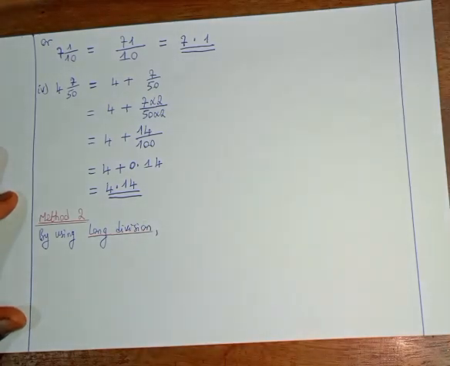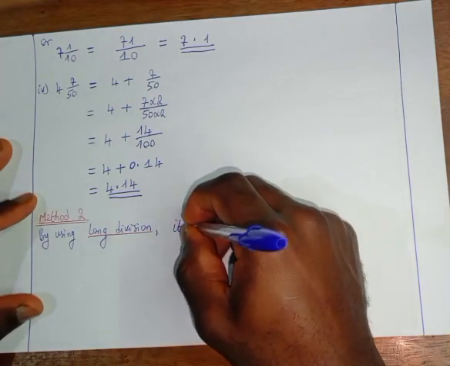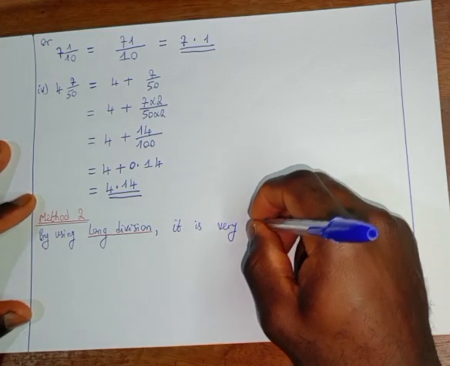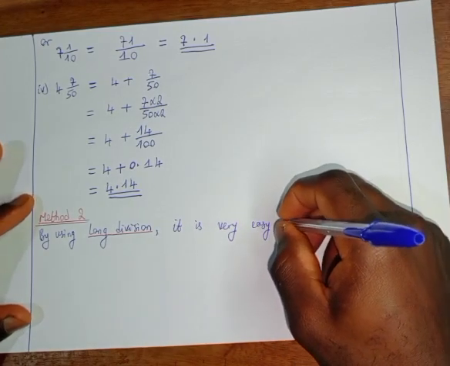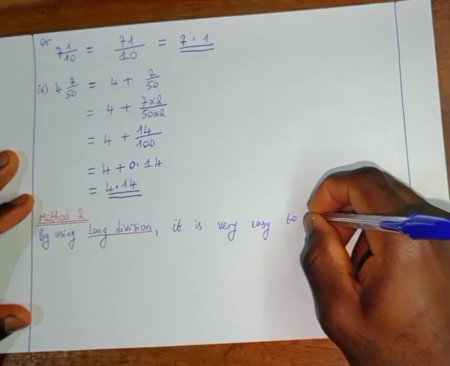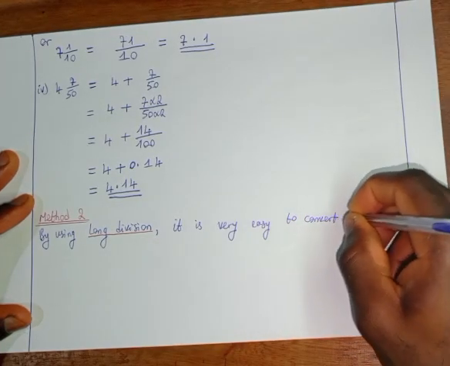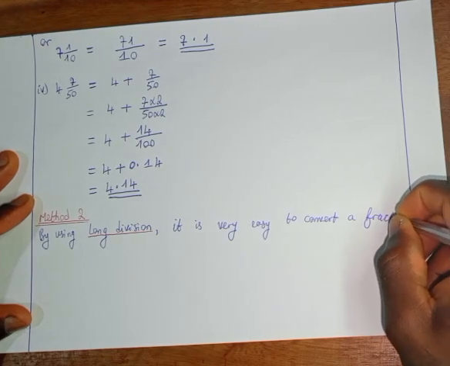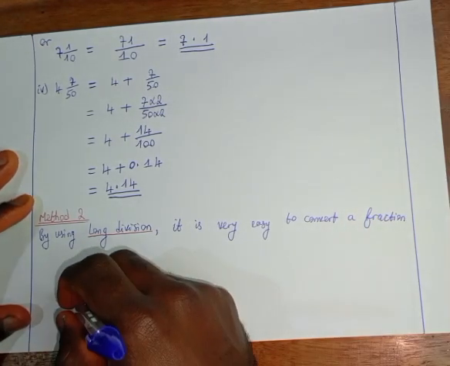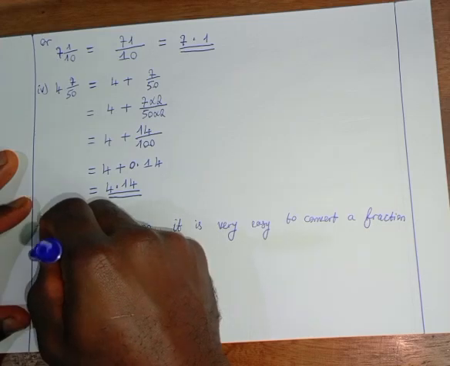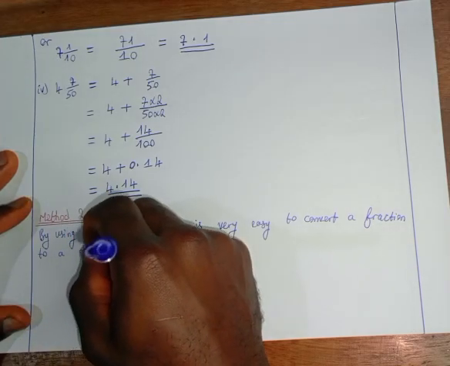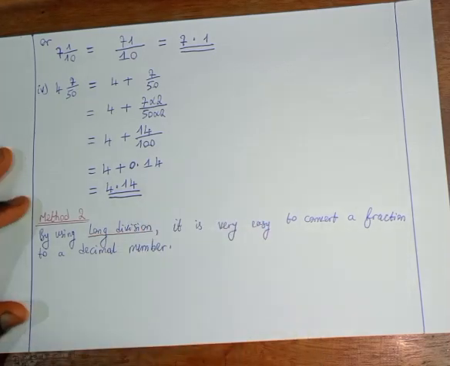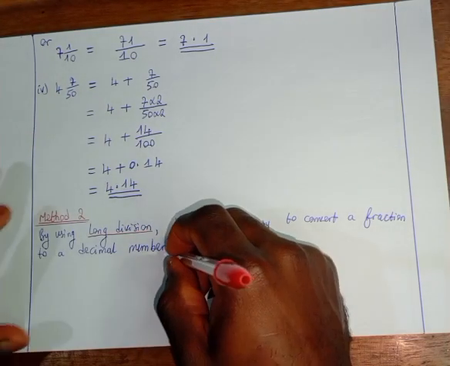So by using long division, it is very easy to convert a fraction to a decimal number. Let's take examples on this.